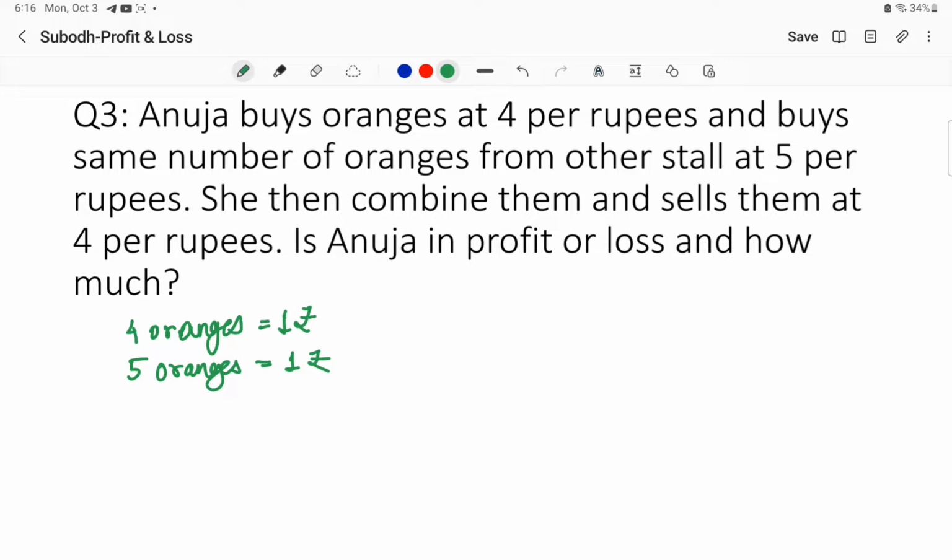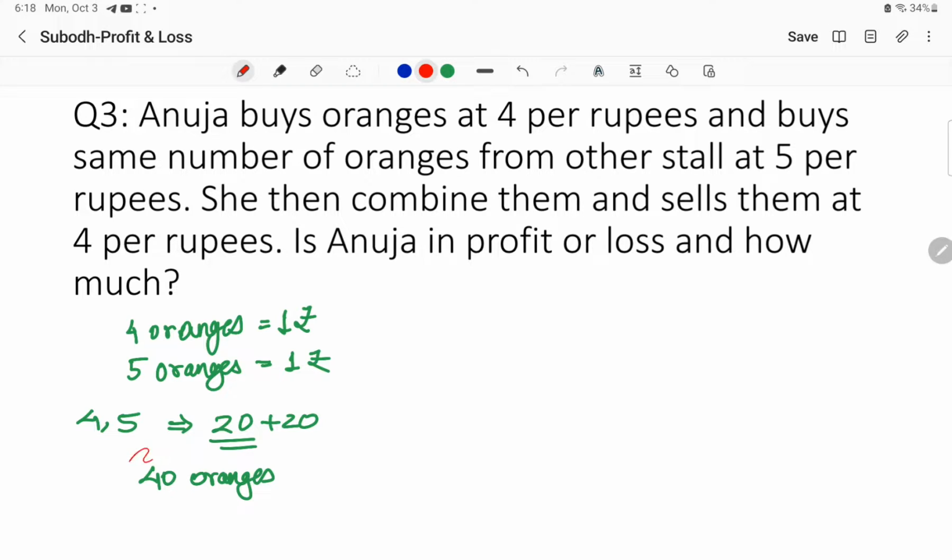So to find out, we can calculate the LCM of 4 and 5. The least common multiple of 4 and 5 is 20. So let's assume she bought 20 oranges from the first shop and again 20 oranges from the second shop. So the total number of oranges from both shops is 40, 20 plus 20.